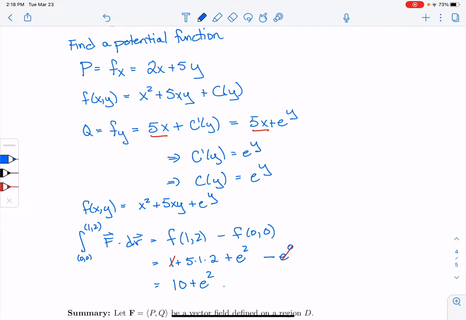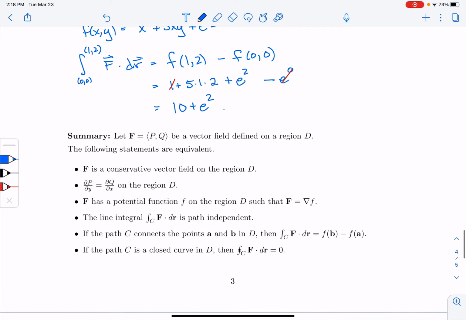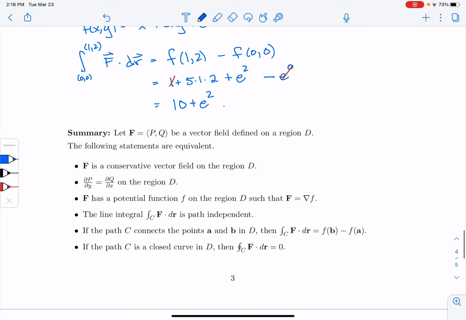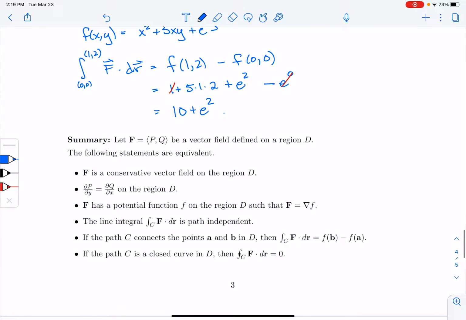So let's summarize what we've learned here, because there's a lot of equivalent statements that we can make. Capital F is going to be a vector field, (P, Q), defined on a region D. And it turns out all of the statements I'm about to make are equivalent. F is conservative. So suppose that F is conservative.